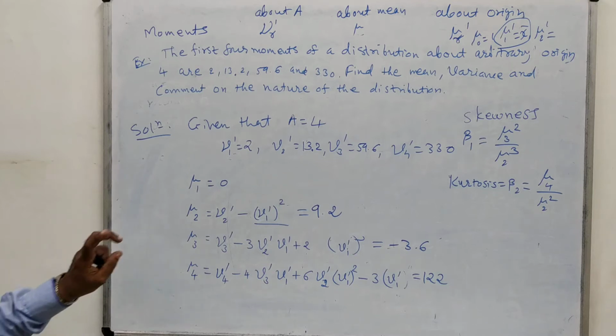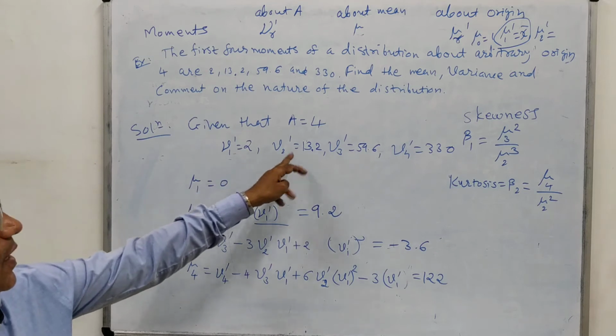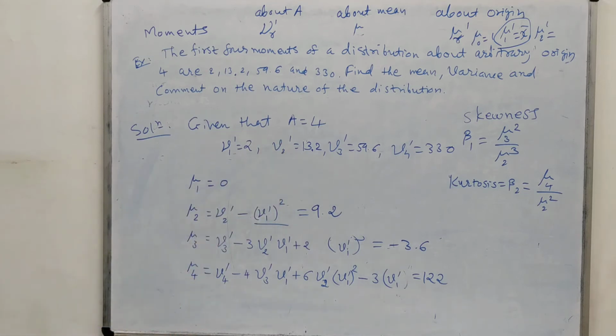But here we are not given mu1 dash as the mean; instead we are given mu1 dash, mu2, mu3 and mu4.